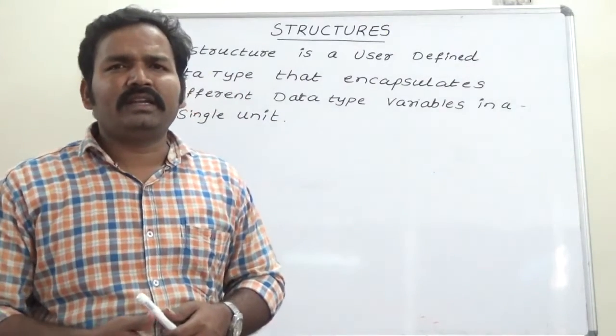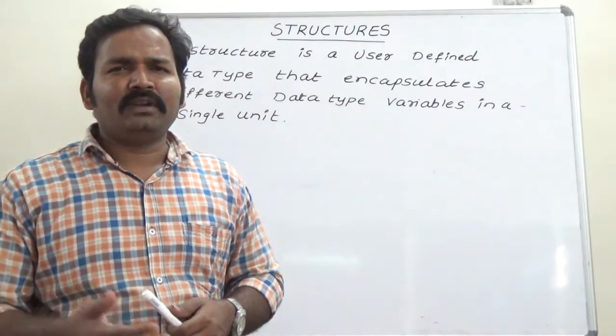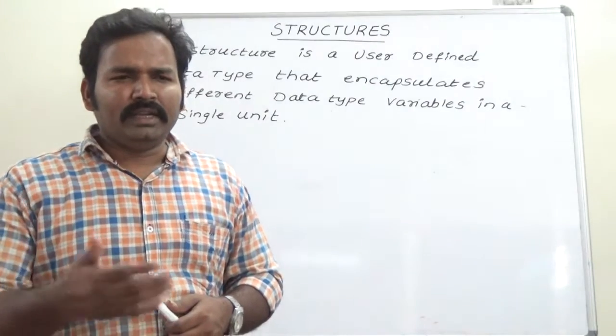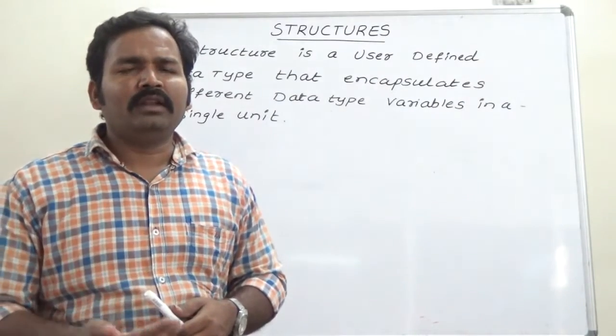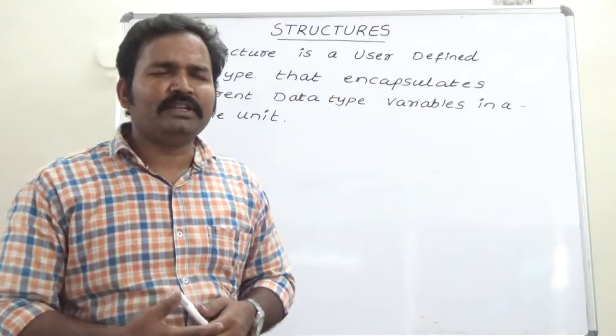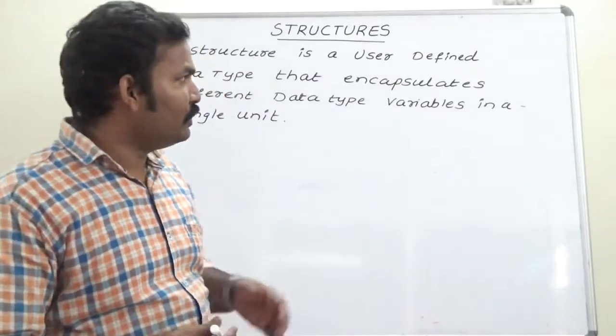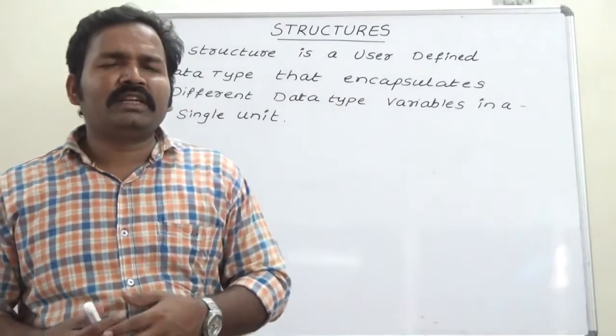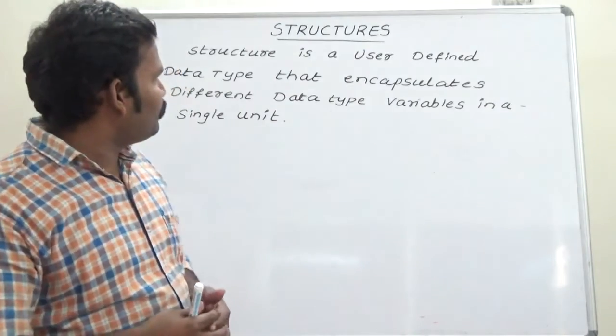So array is also a data type, a derived data type. Int, float, char, double are all primitive data types, which we already know. Here structure is a user defined data type.